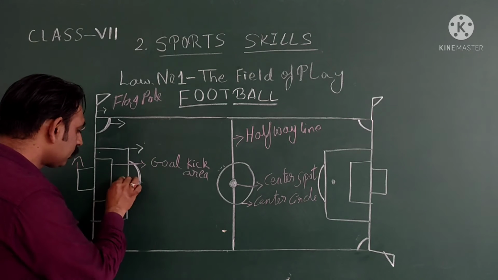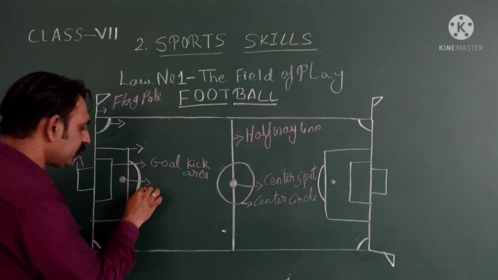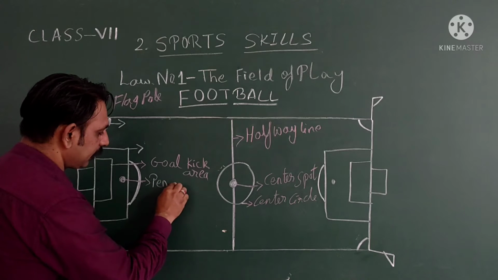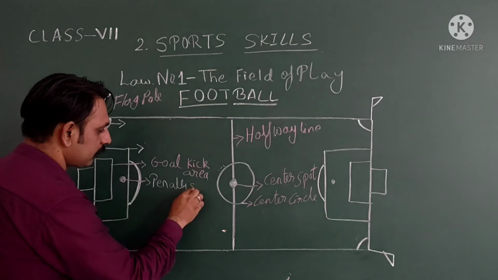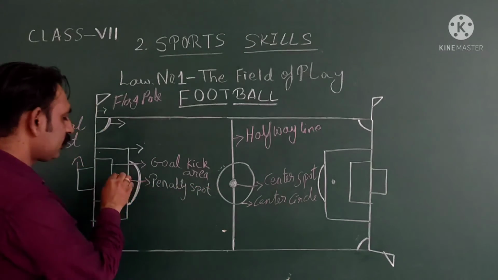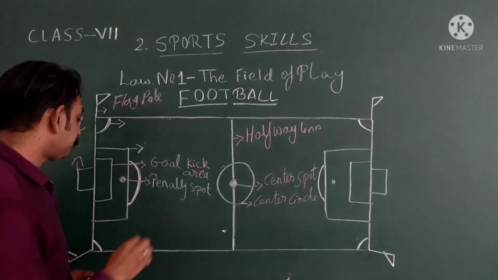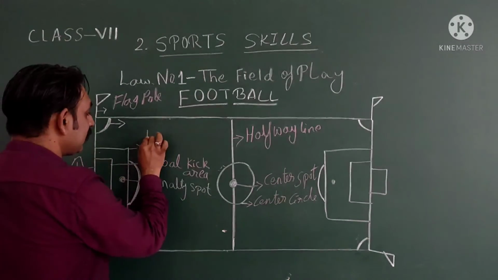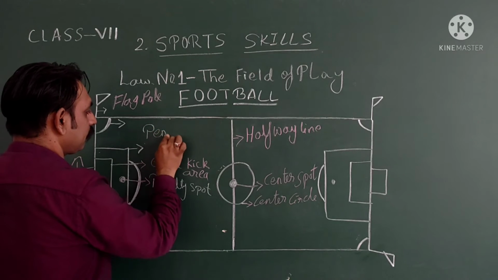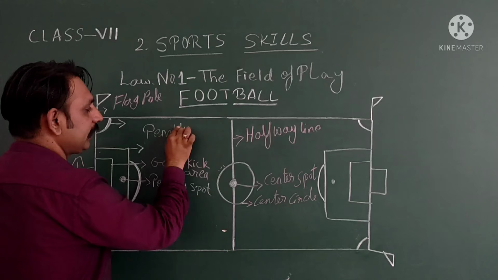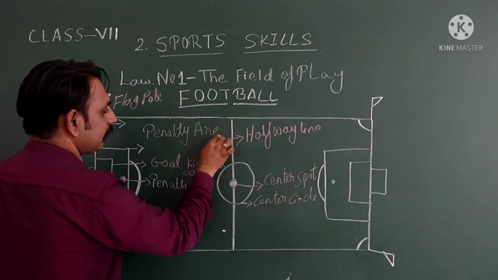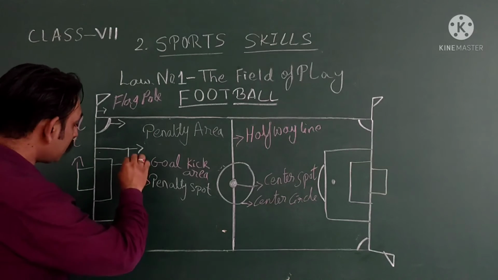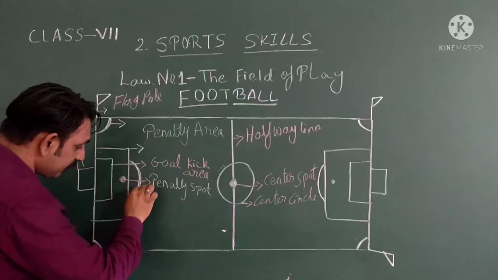Then you can see a spot over here. This spot is known as the penalty spot. Now when you see this big box, this big box is known as the penalty area. Now you can see this semicircle.